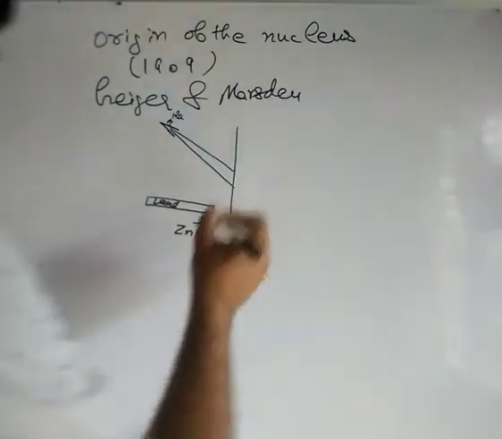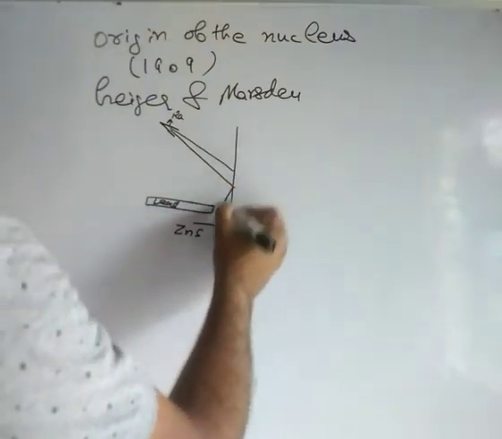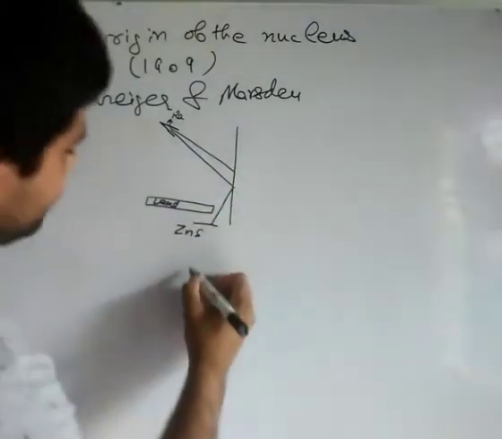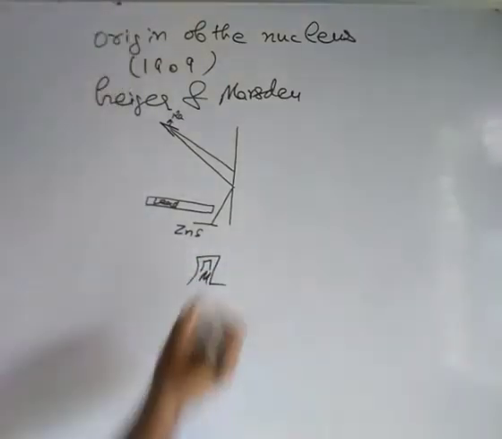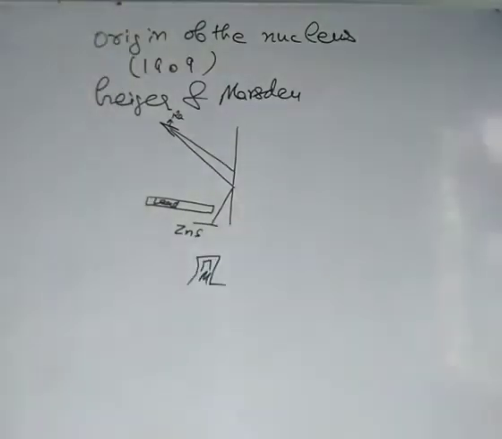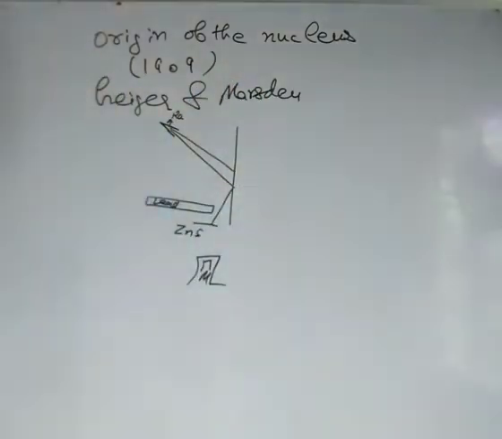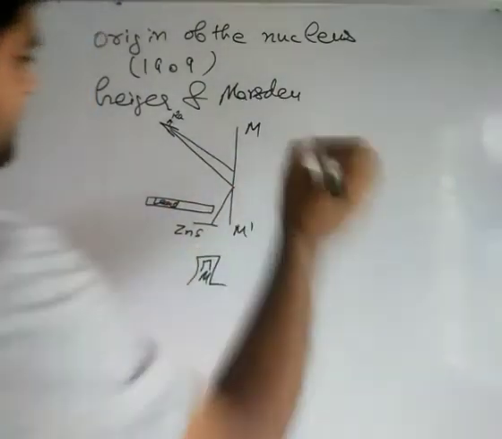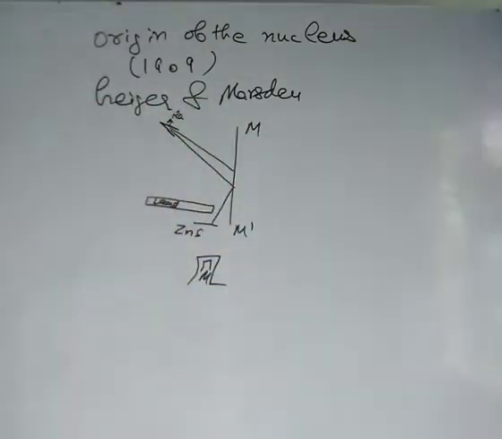Suppose some particles scatter in this direction, then that alpha particle will fall on the zinc sulfide, and if you place a microscope here, you can observe the scintillation on the zinc sulfide, which shows that the alpha particle from the radioactive source is scattered in this direction. This M dash is the metal plate. So this is the rough diagram of the experimental arrangement of Geiger and Marsden.